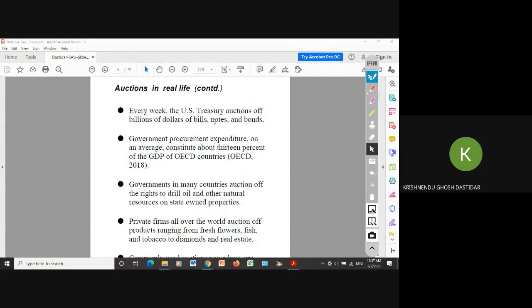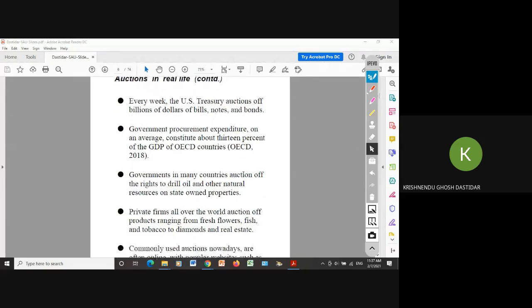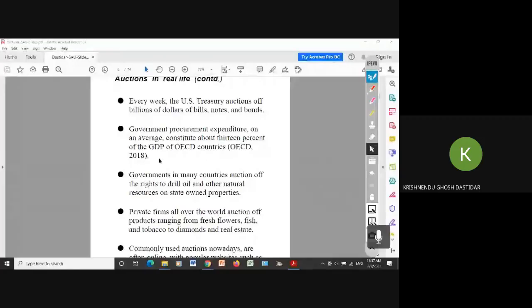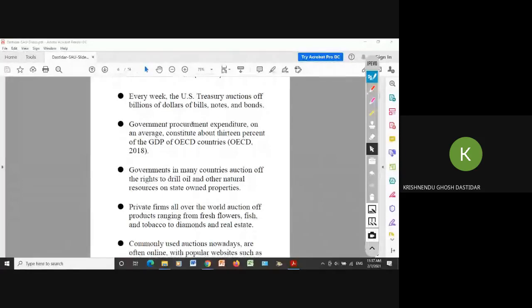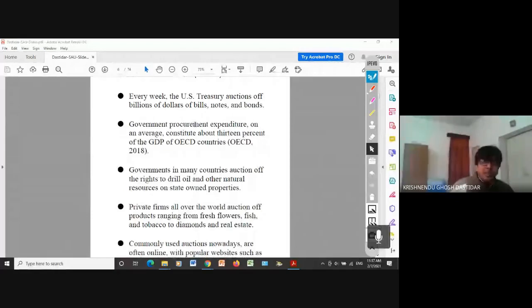Government procurement expenditure on average constitutes about 13% of GDP of OECD countries, and it's a statistically very significant fraction of GDP. For example, in India, think of Indian Railways or any public sector organization. When they buy things, they buy it in an auction. They call companies, and the company which quotes the lowest price gets the contract.